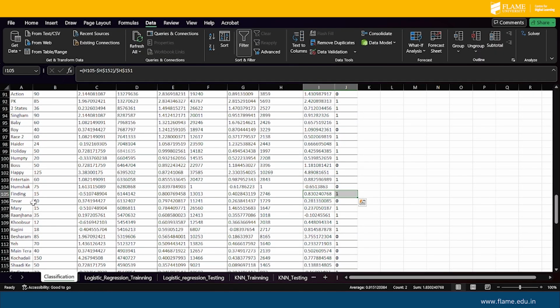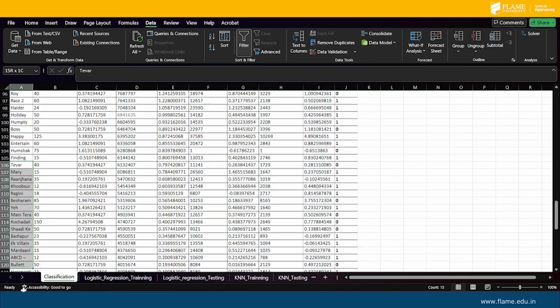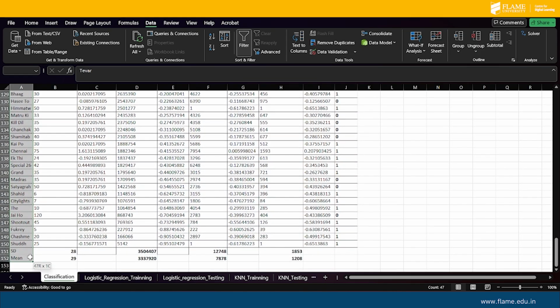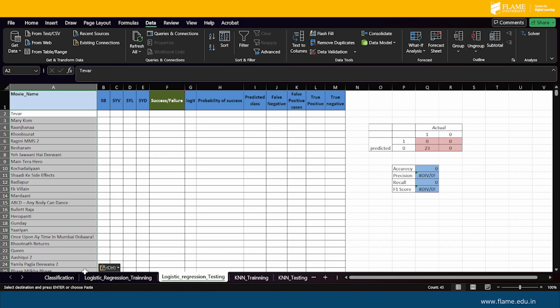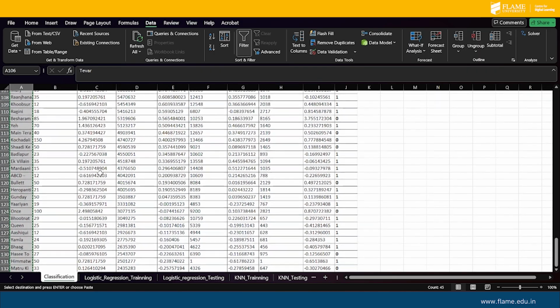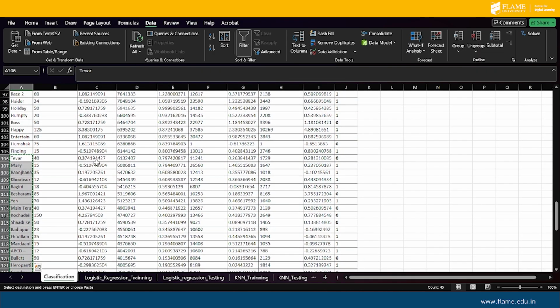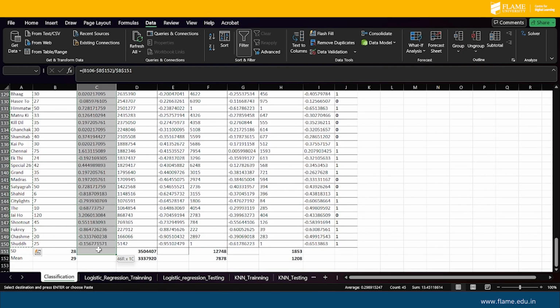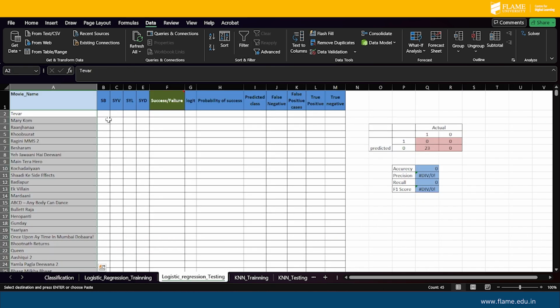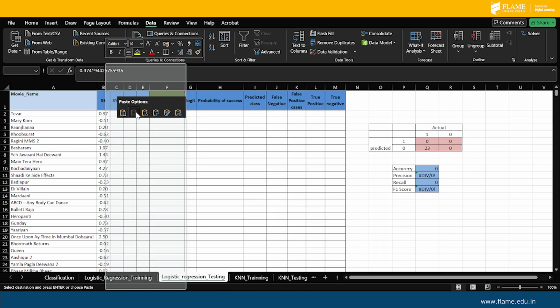So, from here 106 to 150, I am just copying here, and then all the values or standardized values we will copy and paste.